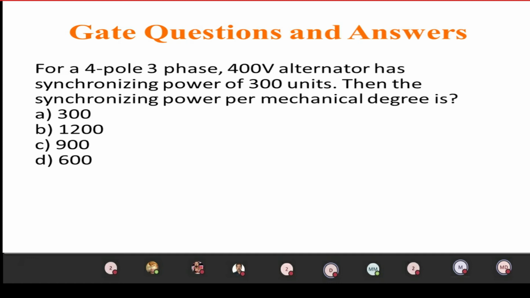So the electrical angle is equal to, we have four options: 300, 1200, 900 and 600. What is the synchronizing electrical degree? 12.